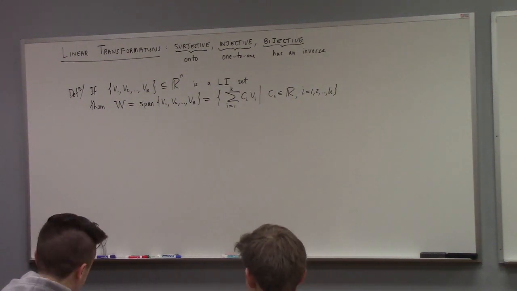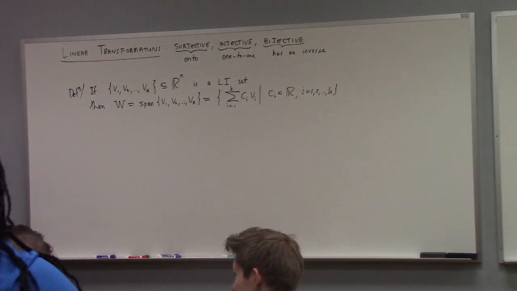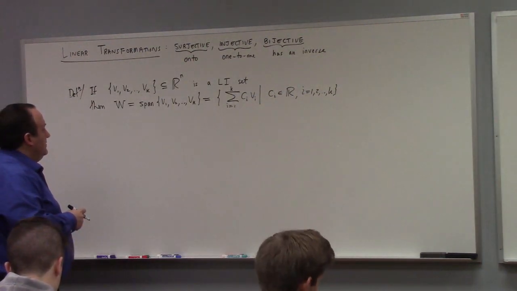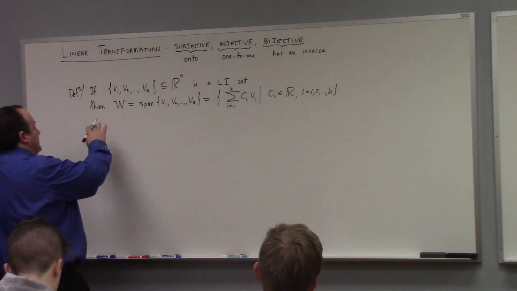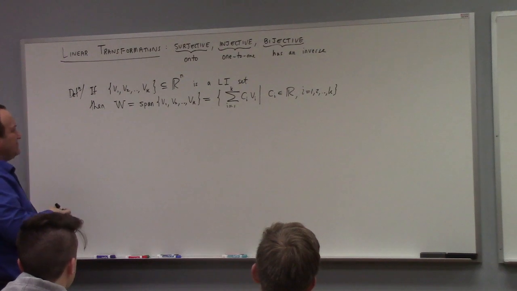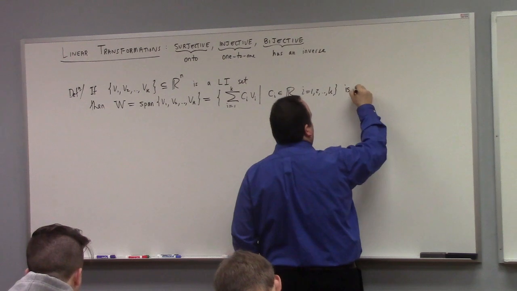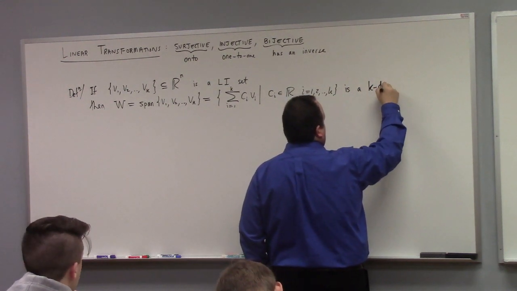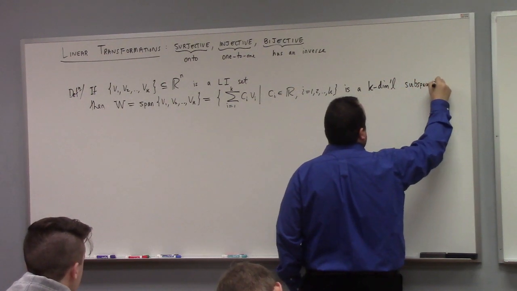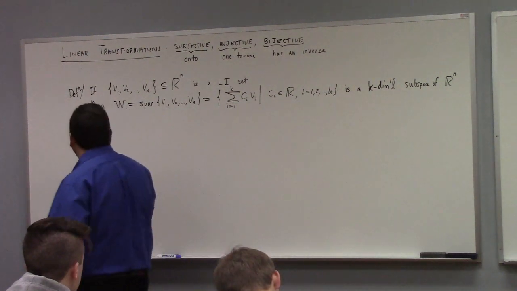So what is this then? This is a k-dimensional subspace of Rn. All right.